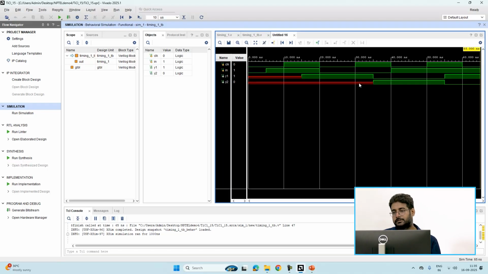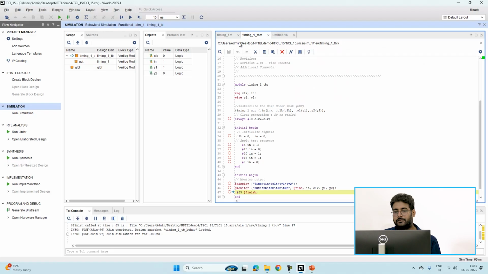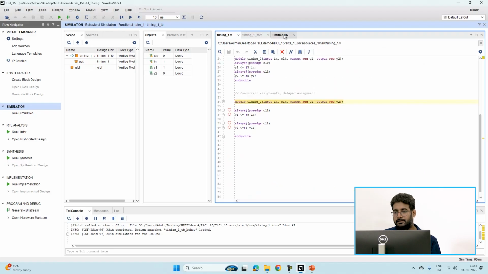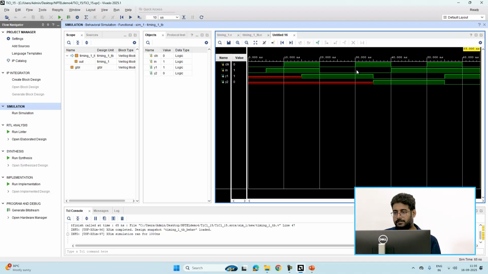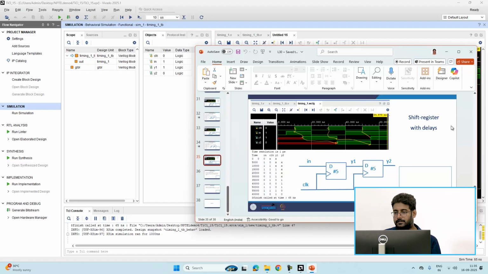So up to here it shows the previous values, and then at the next positive edge of clock, only after a 5 time unit delay, this value gets assigned. So there is a 5 time unit delay here. It's the same as shown in the lecture slide. It is a shift register with delay, and the delay is in the buffer and in the D flip-flop here.